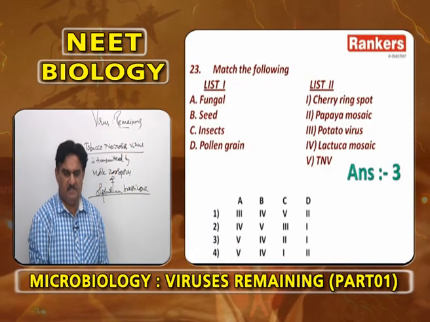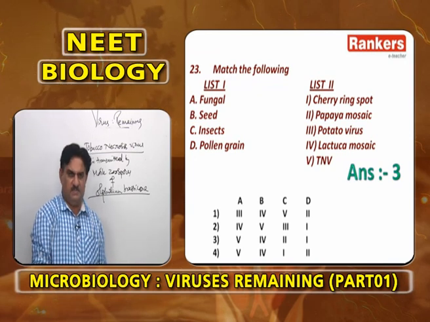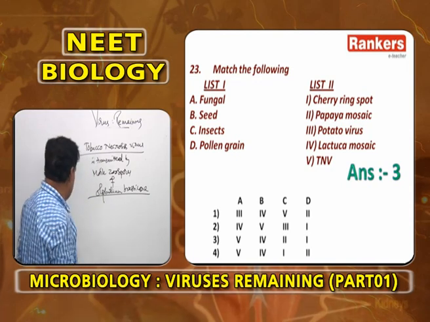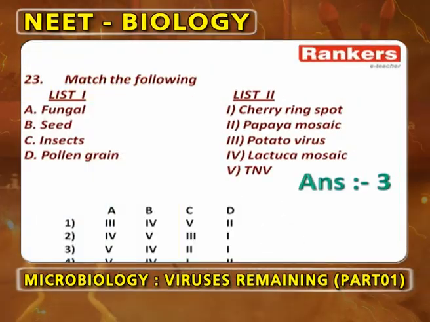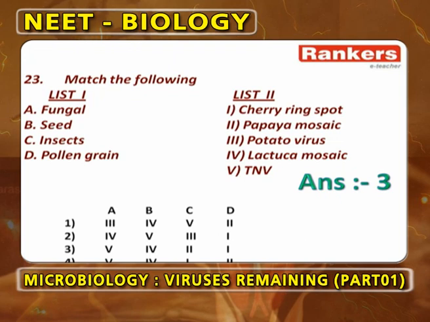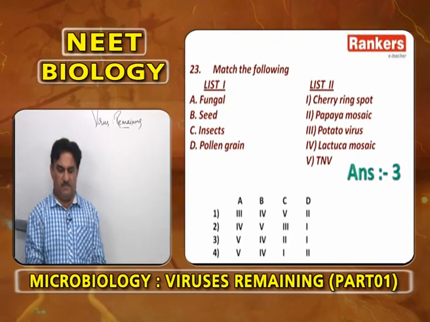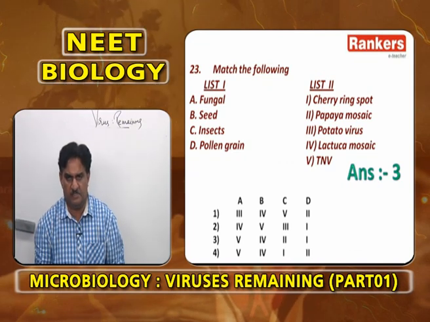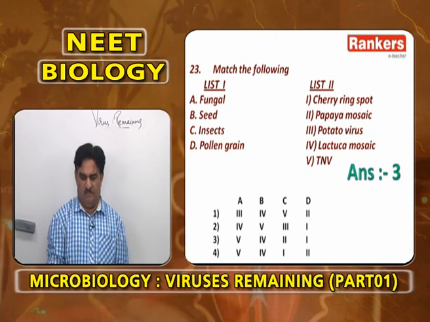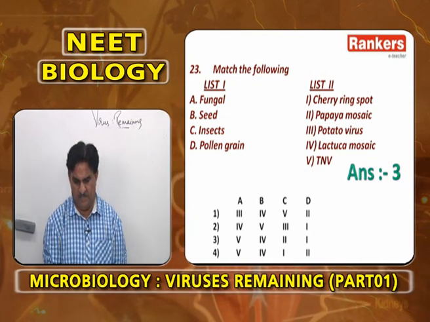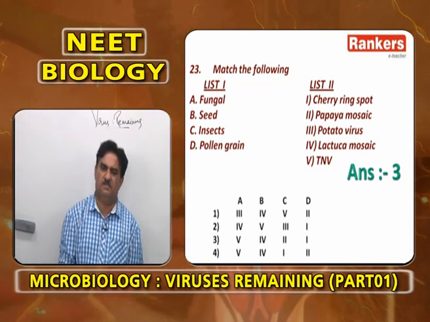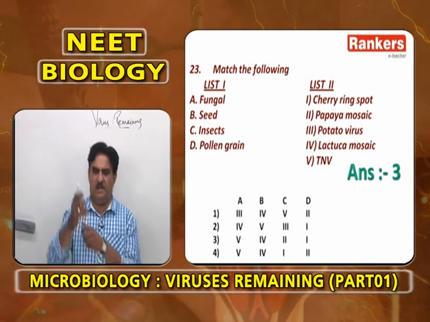Seed is lactuca mosaic virus and lettuce mosaic. Lettuce mosaic and lactuca mosaic both are transmitted by seeds. Insects: papaya mosaic virus. Insects always, papaya mosaic virus, rice tungro virus, and spotted wilt virus also by insects. Pollen grain: the only virus which is transmitted during pollination is cherry ring spot virus.